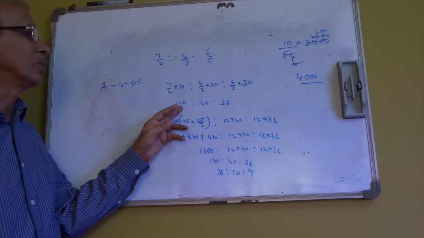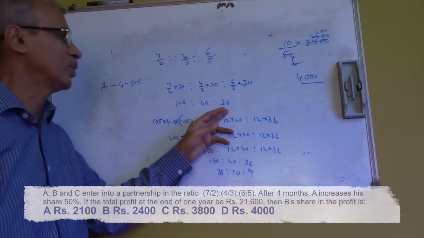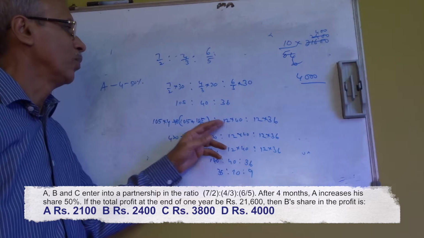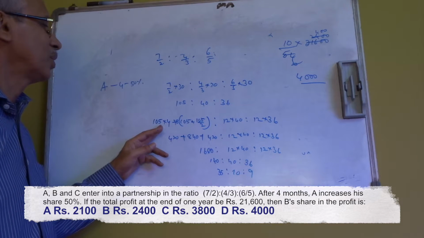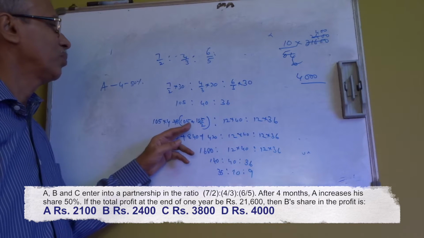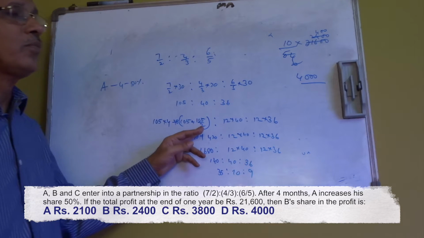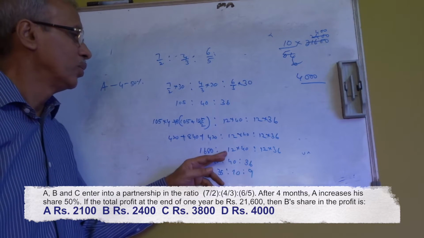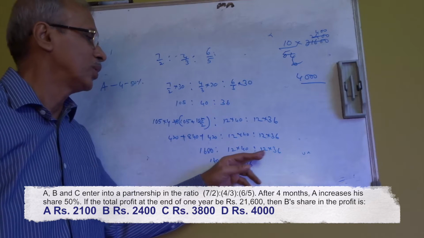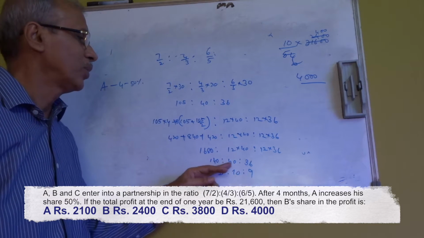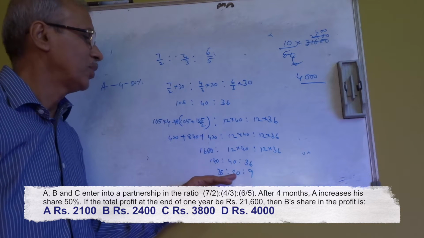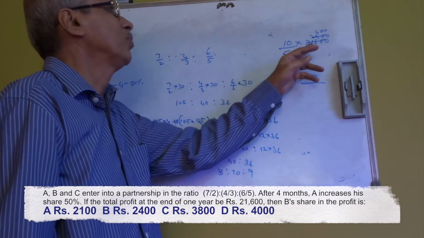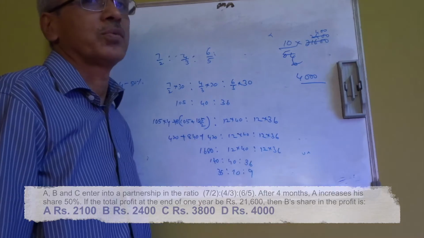So the ratio is 105 is to 40 is to 36. 40 and 36 stay the same all 12 months, whereas 105 is for 4 months, and for the next 8 months it is 105 plus 105 by 2, because he increases by 50%. So that gives you 1680 is to 12 into 40 is to 12 into 36. Divide by 12: 140 is to 40 is to 36, or 35 is to 10 is to 9. So it is 54. This share is 10 by 54 of 21,600, which is 4,000.